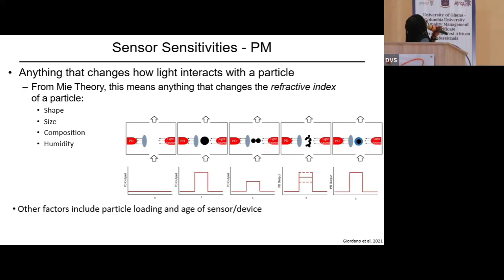So the composition of the PM will also affect the sensitivity of the sensor, just like the other ones. And also how much loaded dust is going in affects the sensitivity, and also how old the sensor is. Sometimes one needs to change the sensors when they're old. Next slide.